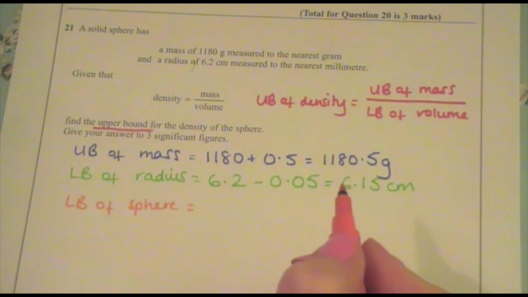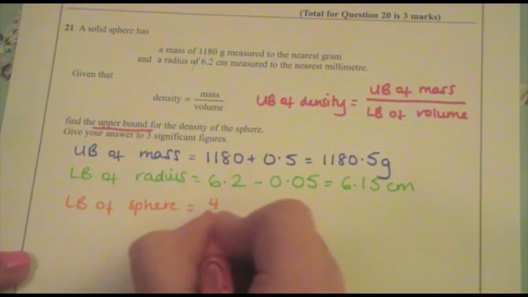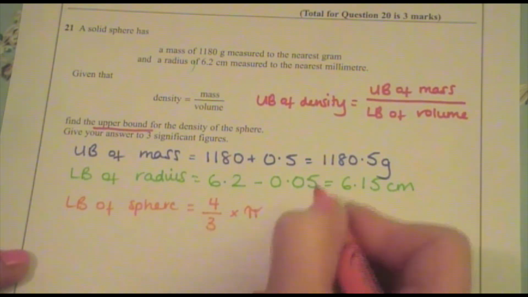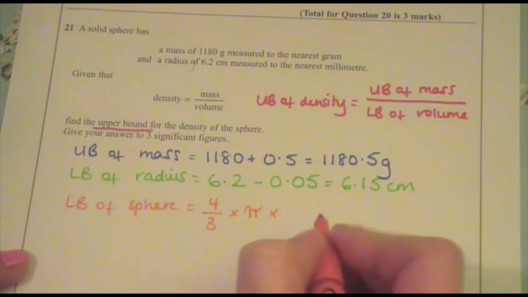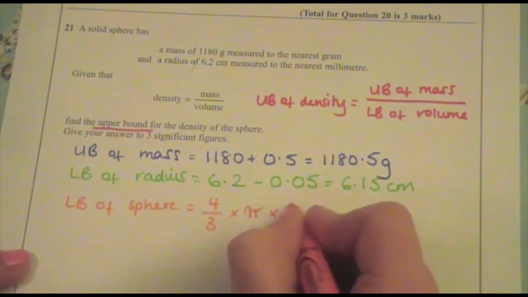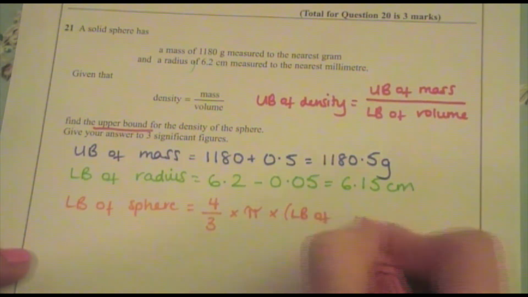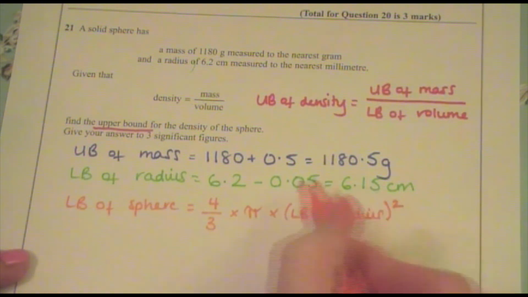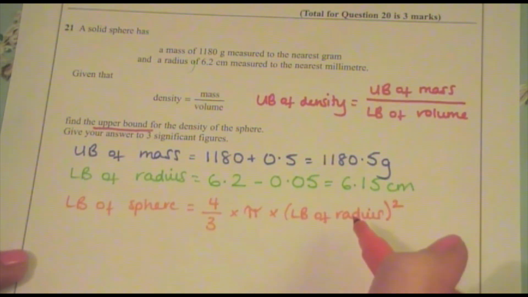Okay? And finding the volume of a sphere is 4/3 multiplied by pi multiplied by the radius squared. In this case, we're going to do the lower bound of the radius squared. Okay, and that's come from finding the volume of a sphere, which you can find at the front of your paper.